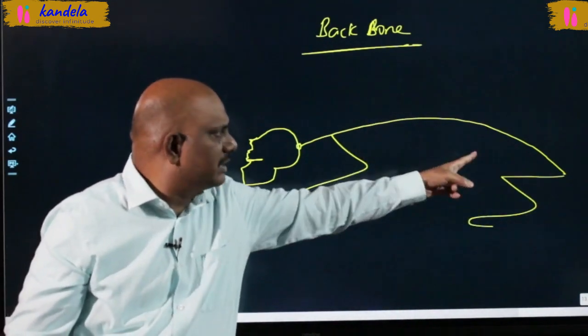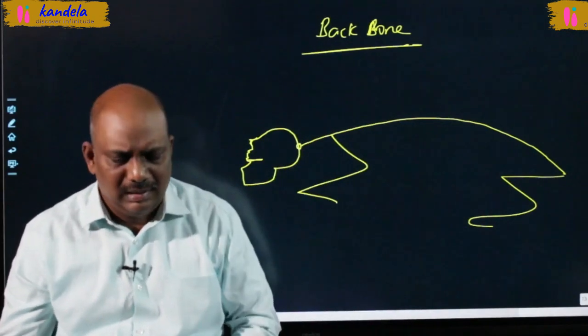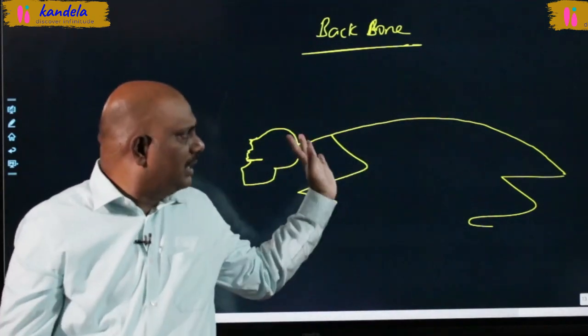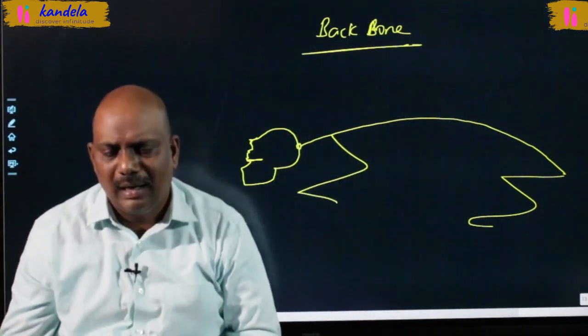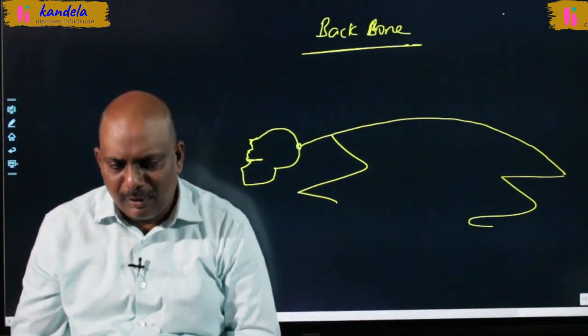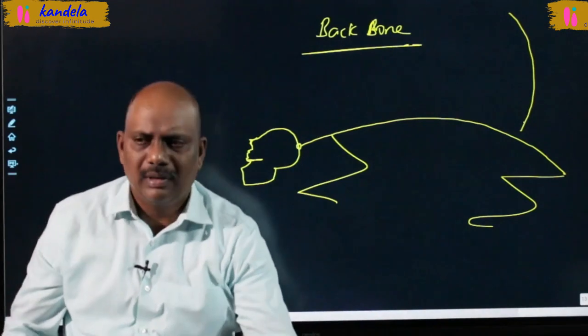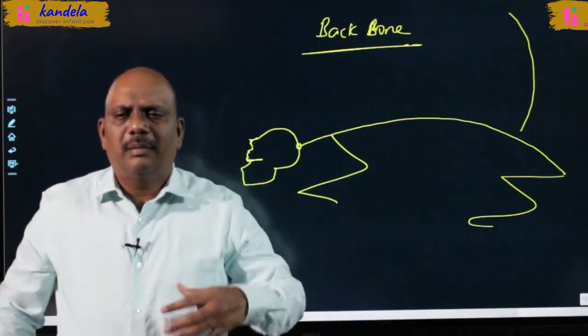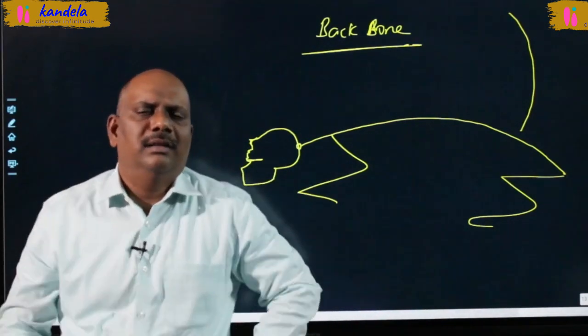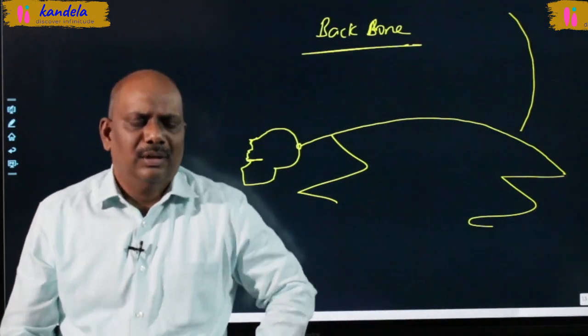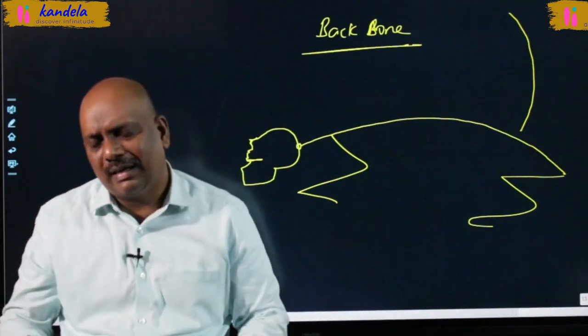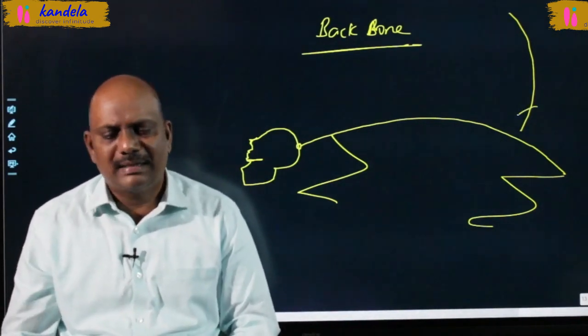So when the same organism got erect posture, if the vertebral column continued to remain a single arch like this, this bone would need to bear most of our body's weight. As a result, the bone will become weak and it may break somewhere here.